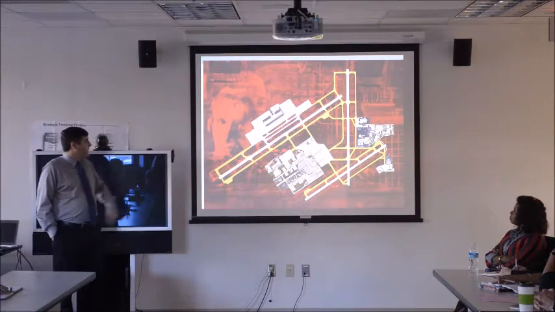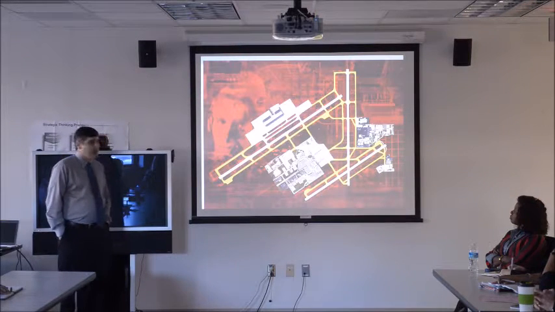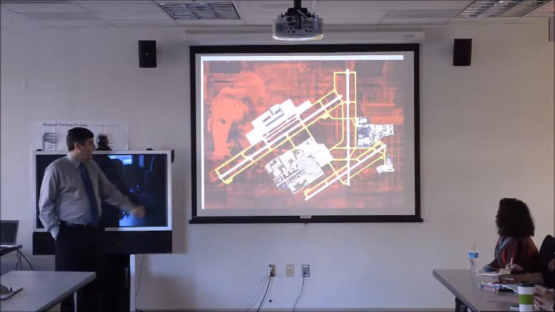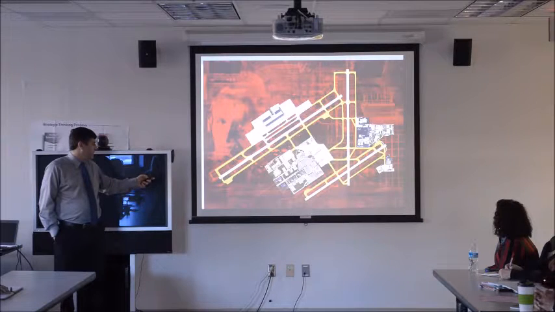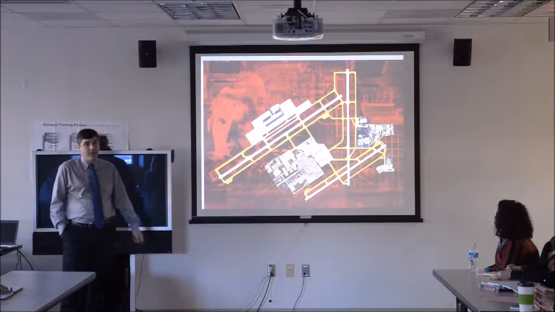So this is a depiction of a smaller tower. It's Dayton, Ohio. And the yellow is showing all the responsibility that ground control would have. So this part here would be the non-movement area. Airplanes would come off the ramp, and they would end up at one of these spots along the ramp space before the taxiway starts, and that's when they would call ground control.